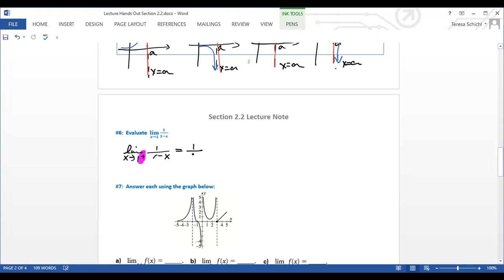So we'll be getting closer and closer to what? A little bit smaller than 0, right? So that means here I'm going to approach what? Negative infinity. And the same thing here: if I say x approaches 1 from the left-hand side, remember what that means.